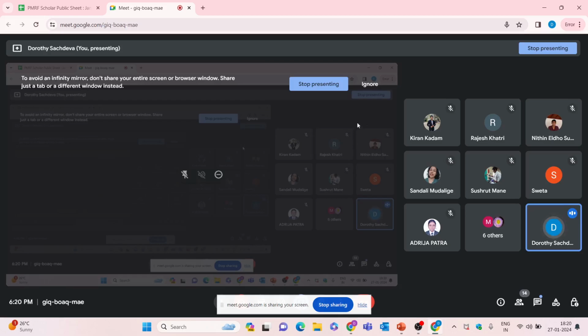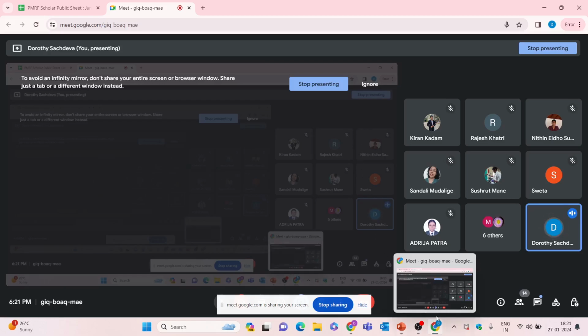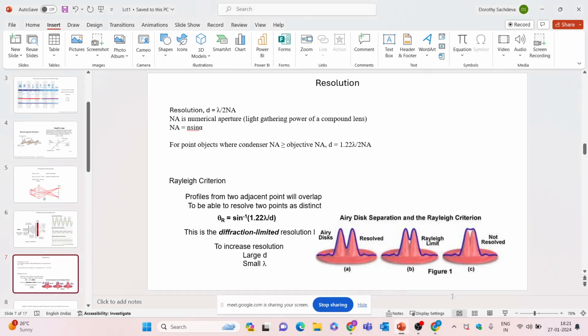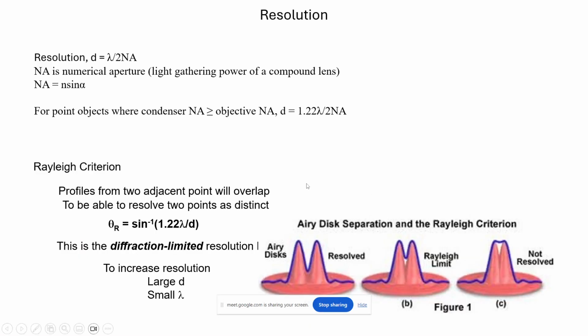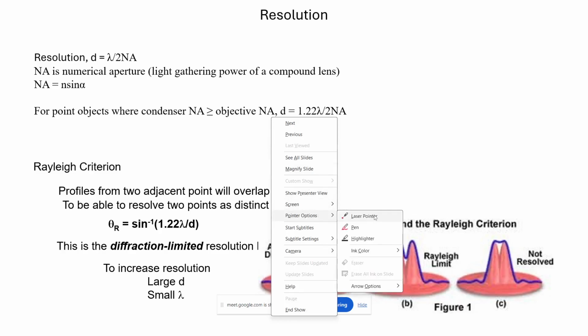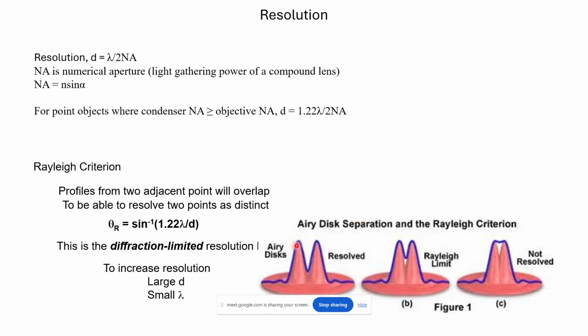That is basically the resolution. So in our case, if these are two humps and they are quite well apart from each other, then they are well resolved if seen from a specific distance.